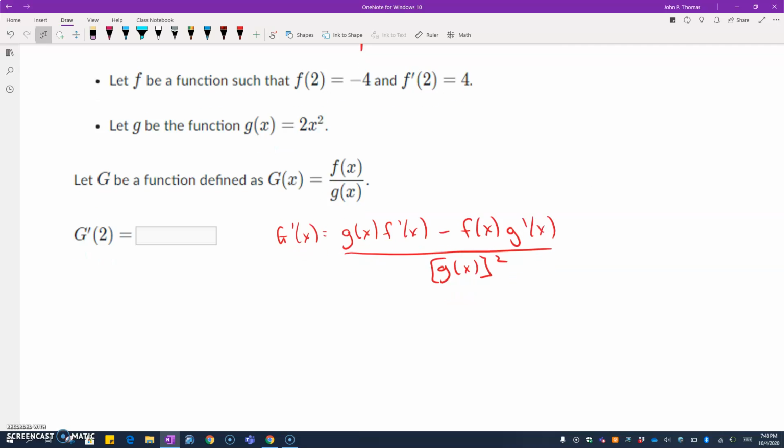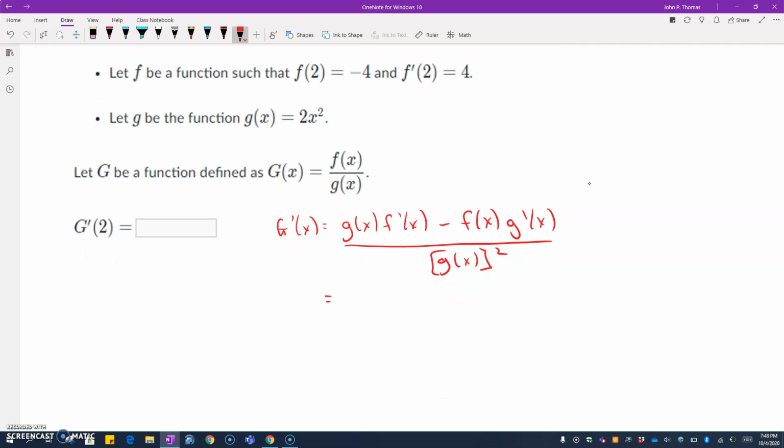Now we'll do some substitutions here. Let's plug these in. So we've got 2x squared for g of x times f prime of x minus f of x times g prime of x. So g prime of x, we'll use our power rule, would be 4x. So we've got 4x in there, and then all over g of x, which was our 2x squared, squared.